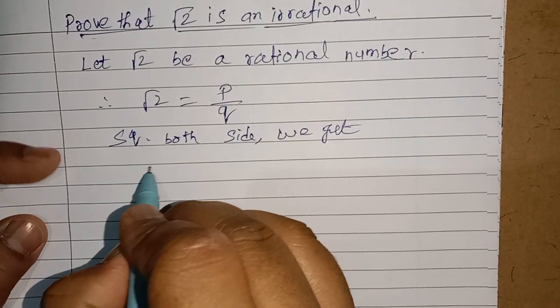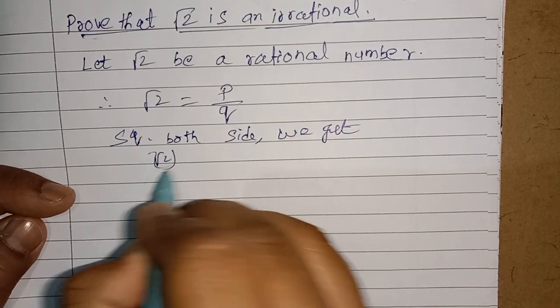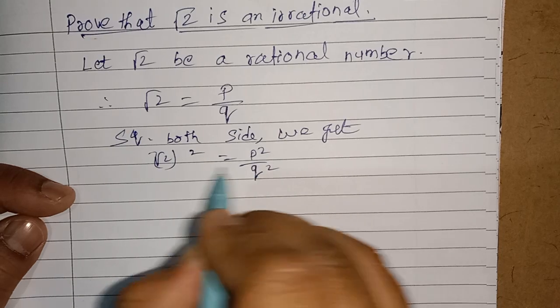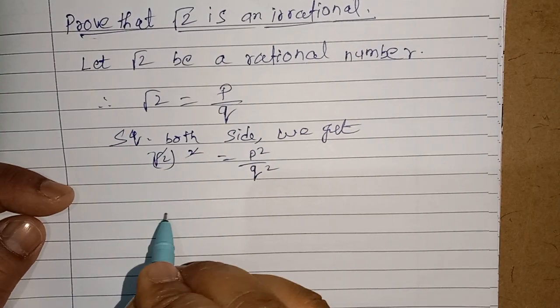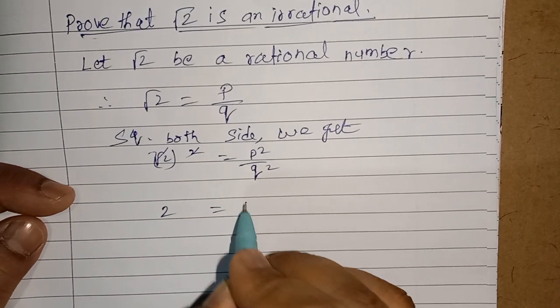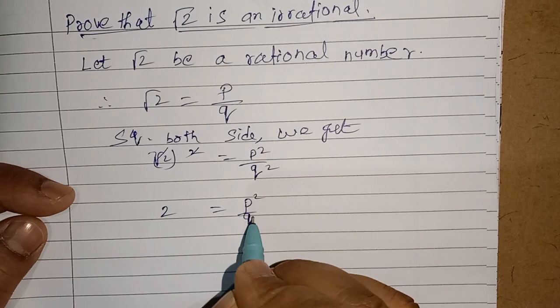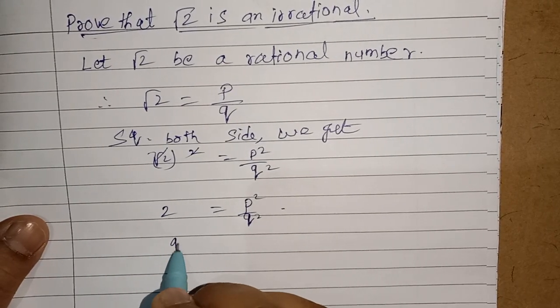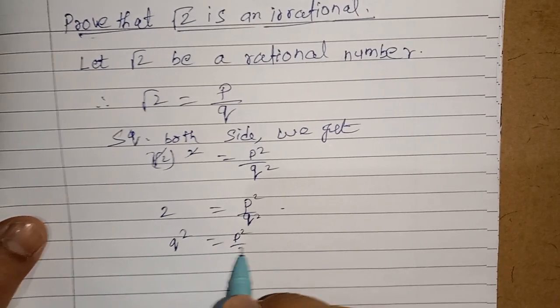Root 2 whole squared is equal to p squared by q squared. Since the square cancels the square root, we get 2 is equal to p squared by q squared, which implies that q squared, sending it to the left side, is p squared by 2.